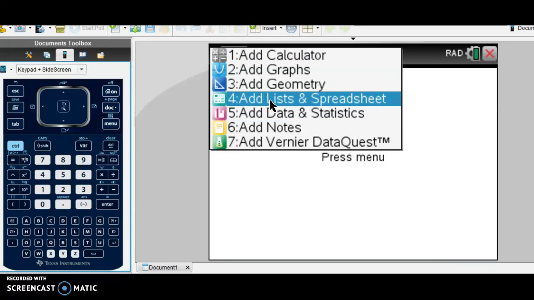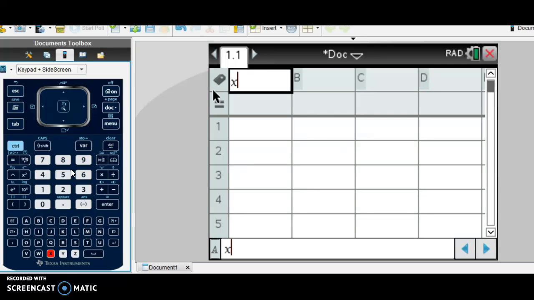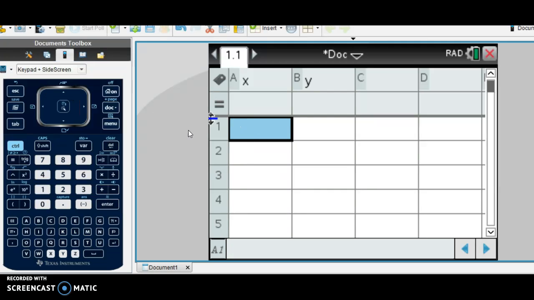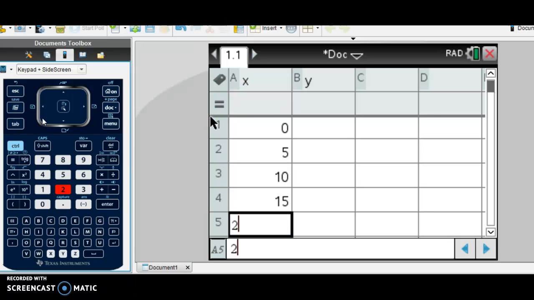Start a new document. I want to start with a list and spreadsheet. I need to make sure I title the first column X, the second column Y, and then start with my numbers. I have years after 1980. So 0, 5, 10, 15, 20.